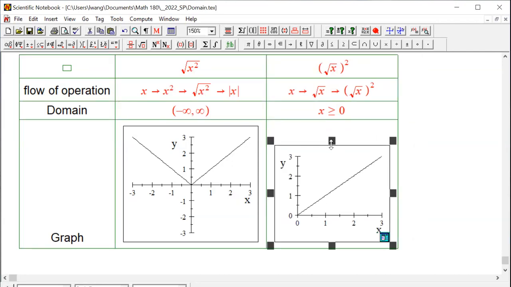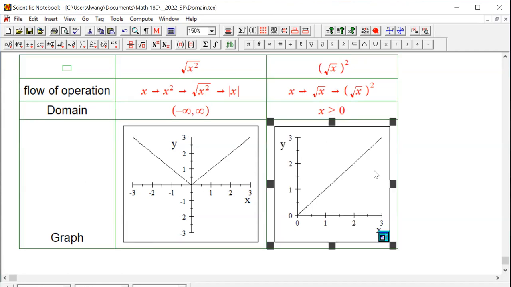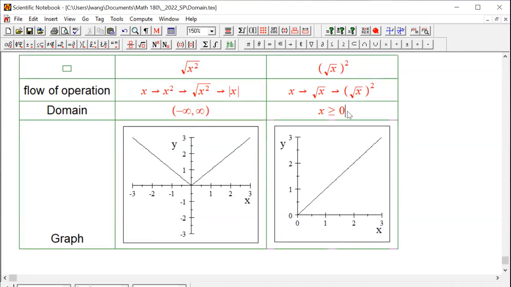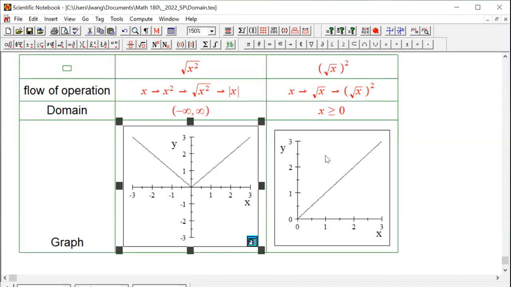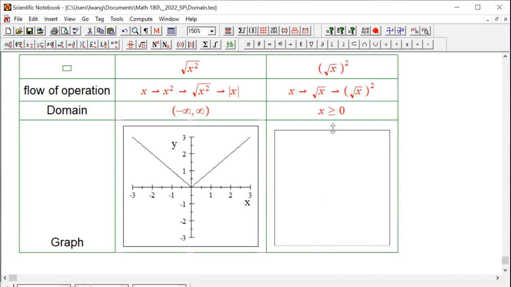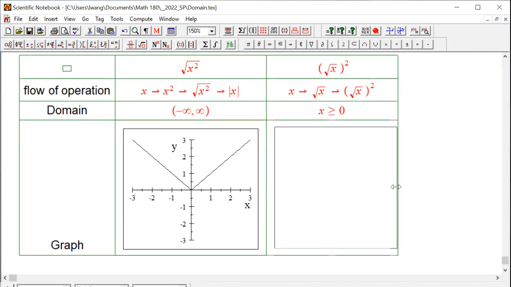This graph is just because of domain: x has to be greater than or equal to 0. Negative x doesn't suit the domain. This also shows the software I'm using is flawed; it's not designed as rigorously as it should be.